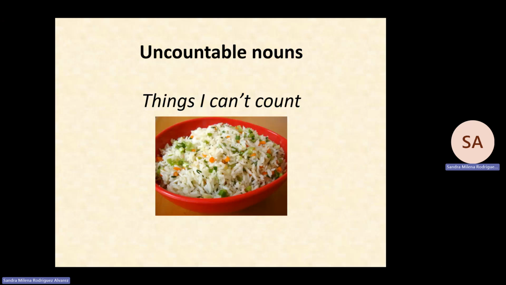Those are things that I have to measure or come divided, the dough is divided. You don't say, give me 200 grams of bread. You say, can I have a loaf of bread, a loaf of 3,000 pesos, please?